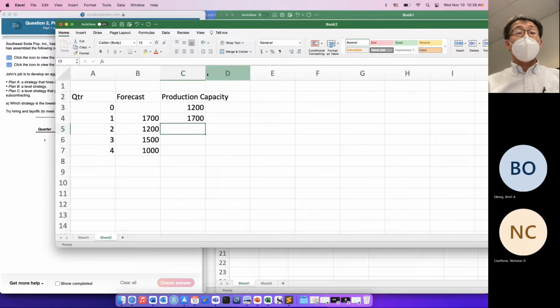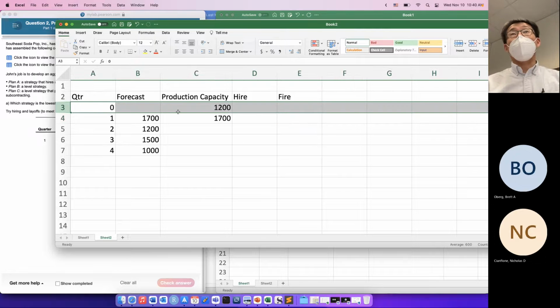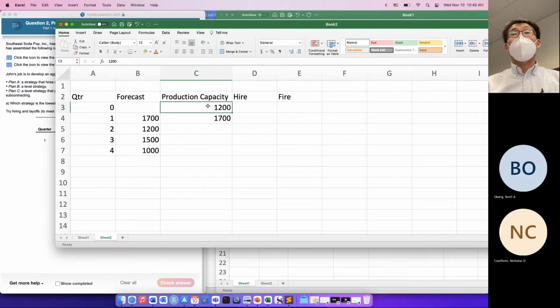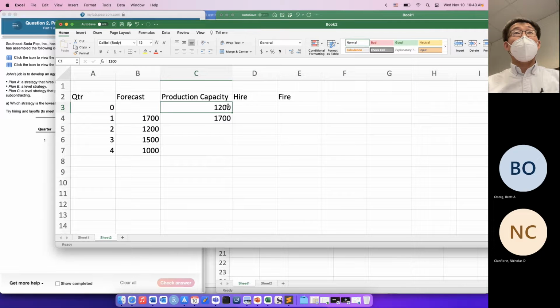All right, so you need to figure out what is the hire, fire. With the baseline period, we don't have to consider that because we are left with 1200. And with quarter one, you started at 1200. You need to hire an additional 500. Yes?